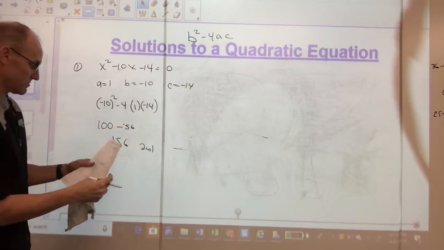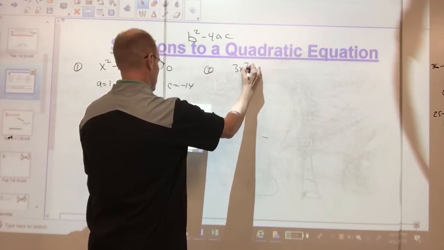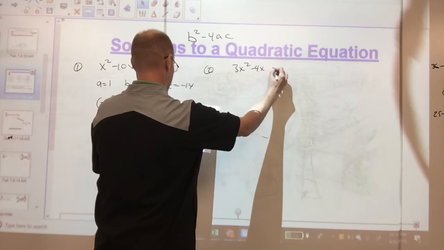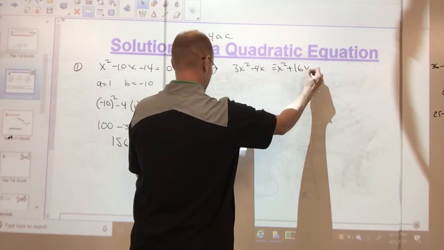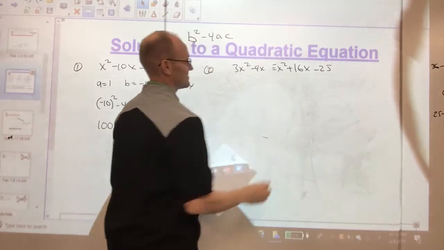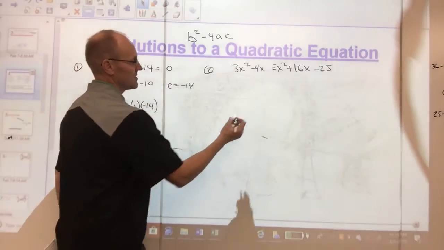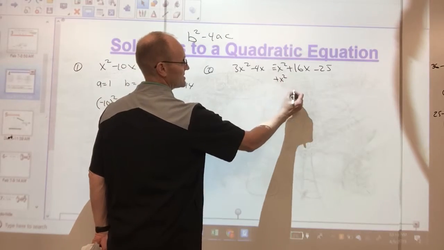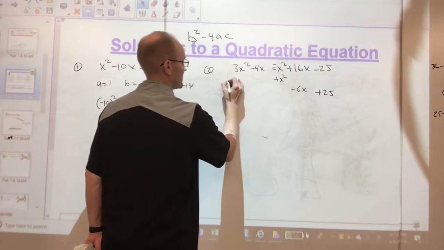All right, example 2. 3x squared minus 4x equals negative x squared plus 16x minus 25. So there's a situation where it's not equal to 0. I've got to first set it equal to 0. So we're going to add an x squared to both sides, subtract the 16x from both sides, and add a 25 to both sides.